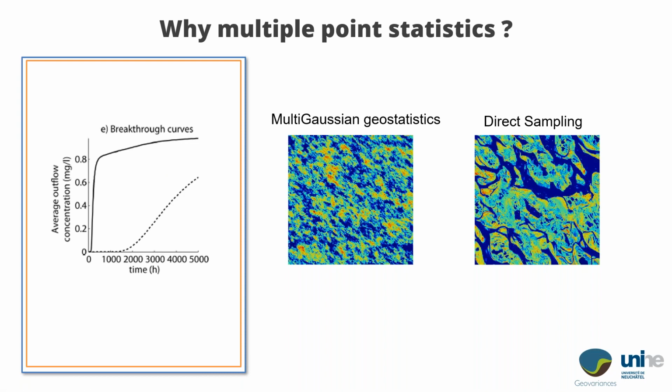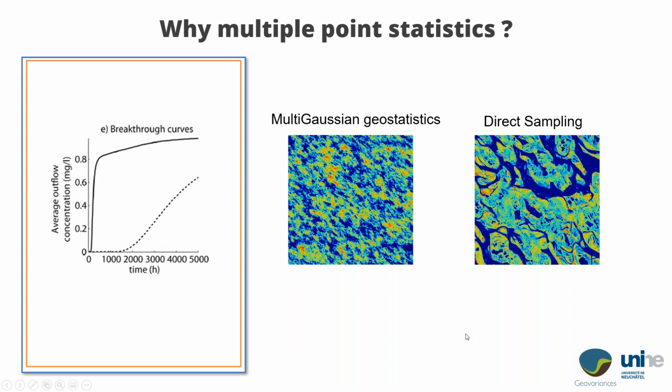So if you are interested in the uncertainty, if you are thinking about, for example, evaluating the risk related to a waste disposal that would be positioned somewhere on the left side of this domain, and you want to know when the contaminant may come out of this system on the right side, if you may pollute some drinking water supply, for example, if you make many realizations using multi-Gaussian geostatistics, you will have some fluctuations, but you will always have a behavior that will be limited because these high permeability zones would not be connected, and therefore the uncertainty would be highly underestimated.